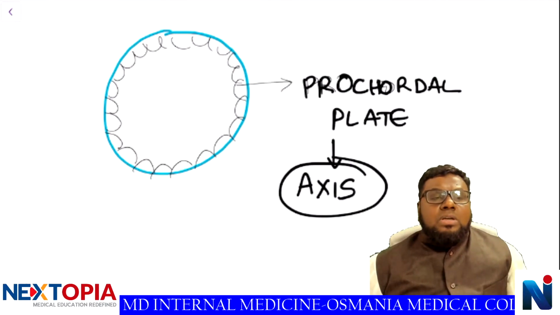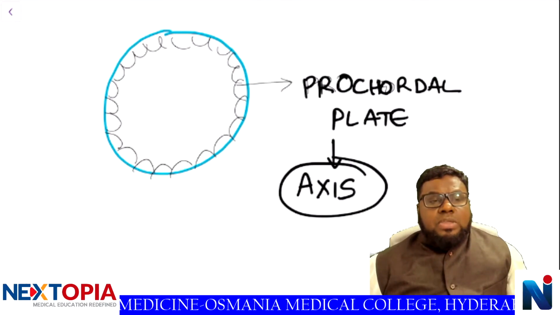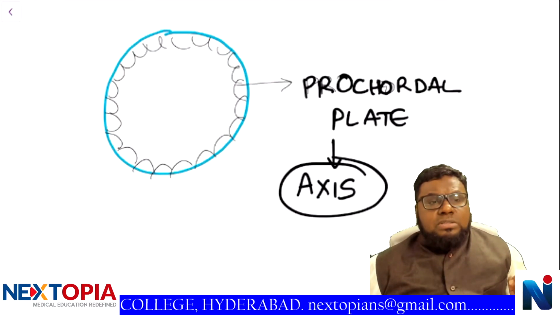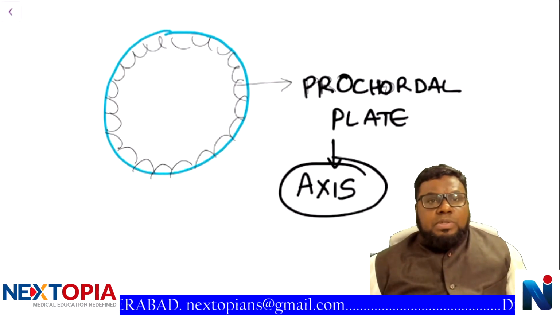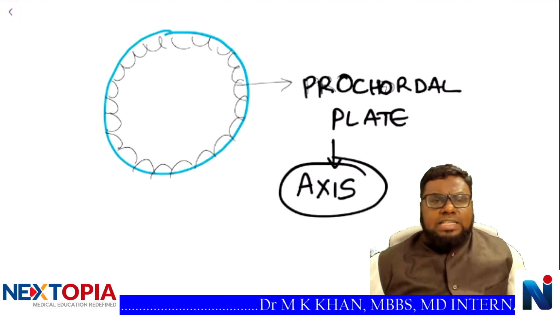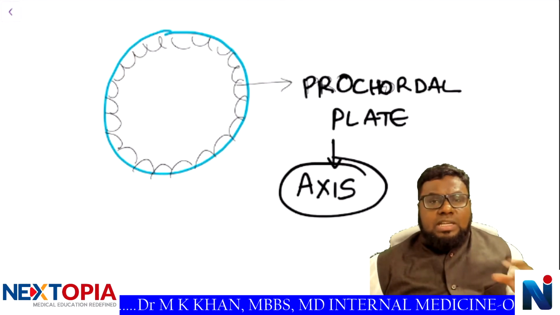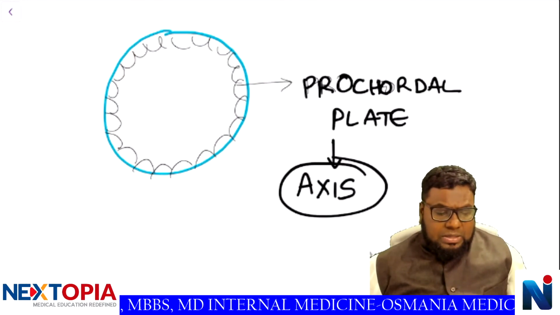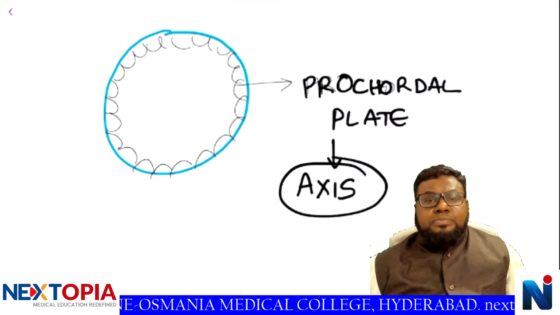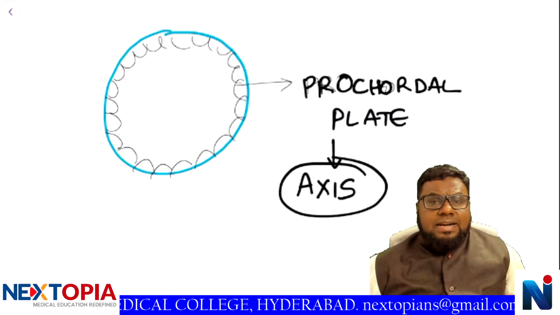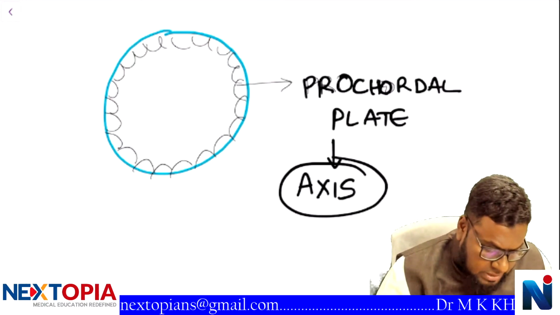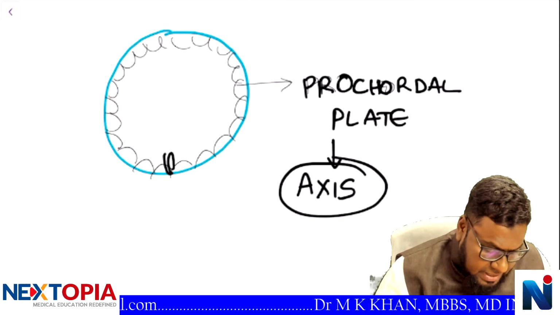All right. In this area, a small temporary stalk-like structure develops in the area of the procaudal plate, a structure which forms in early embryonic development. Along the central axis, a small structure is formed somewhere here in the tail area.